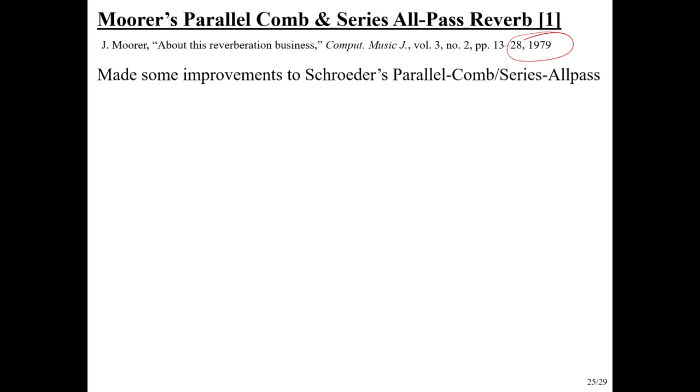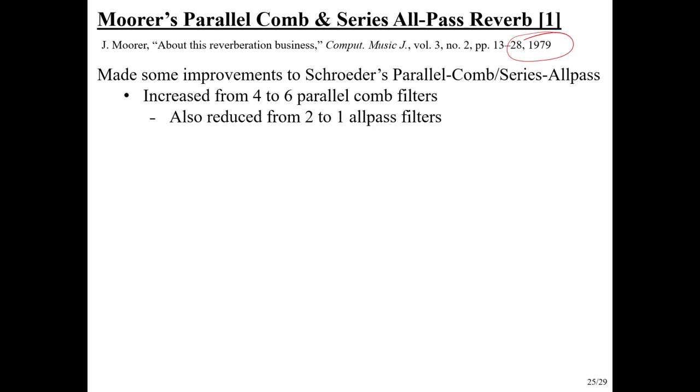And he made some improvements to this parallel comb series all pass form that Schroeder's did. So Schroeder had 4 parallel combs, Moorer went to 6, and Schroeder had 2 series all pass, and Moorer said, just do 1, and that should be enough.